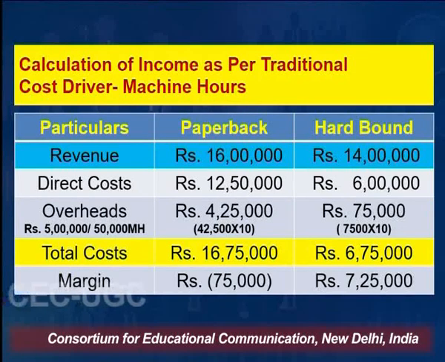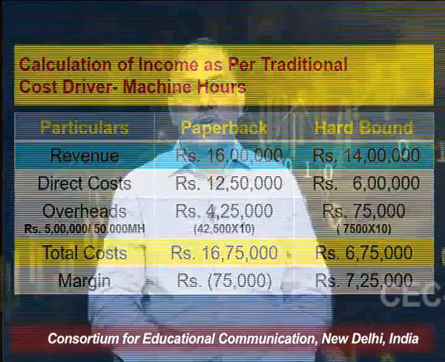7,25,000. So here we found an answer to the second question of this numerical problem, wherein the question was asking what led the publisher to reach this conclusion, whether we should drop this paperback variant of their book or not.